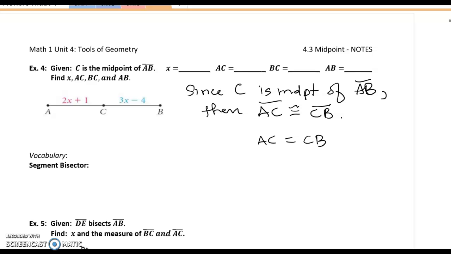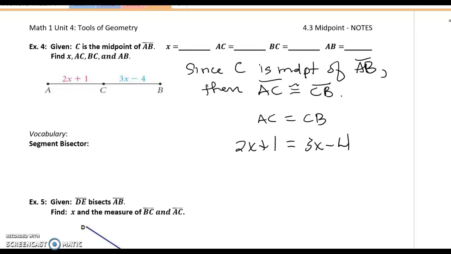So that leads to us saying that the length of AC is equal to the length of CB. So therefore, we can set those two expressions equal to each other. 2x plus 1 is equal to 3x minus 4. Solving for x, we get x is equal to 5.